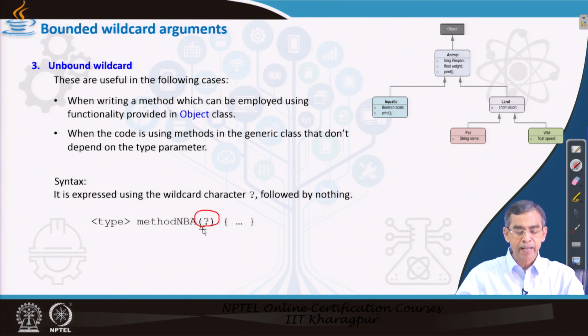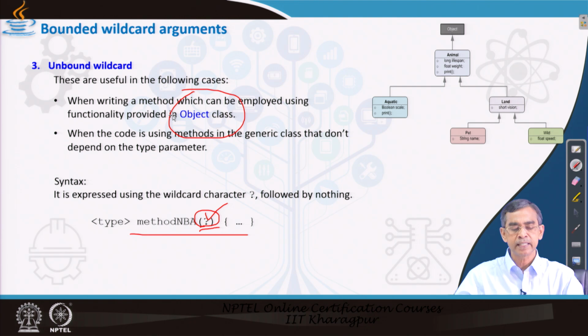What exactly does it imply? If a method is declared with unbounded arguments, then it has scope over any methods defined in the Object class, and the code methods in the generic class do not depend on any type parameter. So, it is basically the same as the wildcard concept that we discussed in the previous example. Only the thing is that it is related to the Object class only.